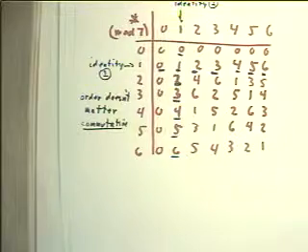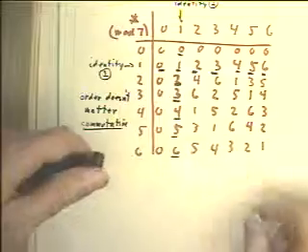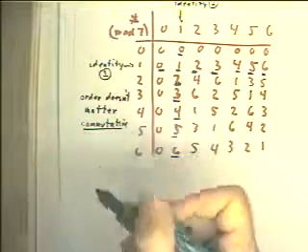The table has the inverse property because the identity, which is 1, appears. I'm sorry, the table doesn't have the inverse property.